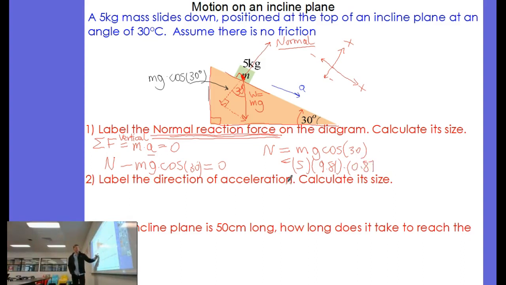So in other words, about 87% of the actual weight force goes towards balancing out this normal reaction force, which is pushing it off the plane. Okay? We know it doesn't actually jump off the plane because those two forces are balanced out. So what amount did we calculate?